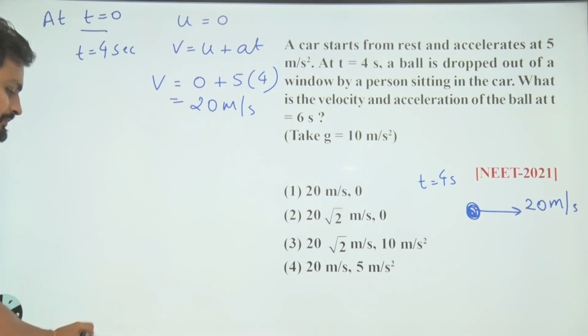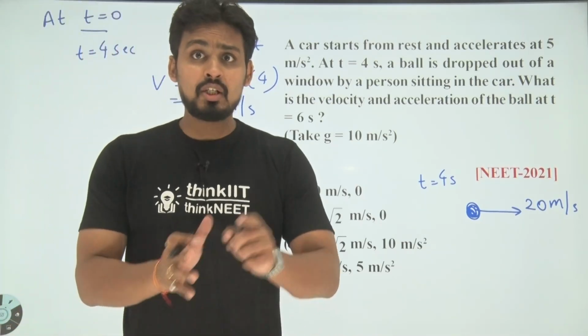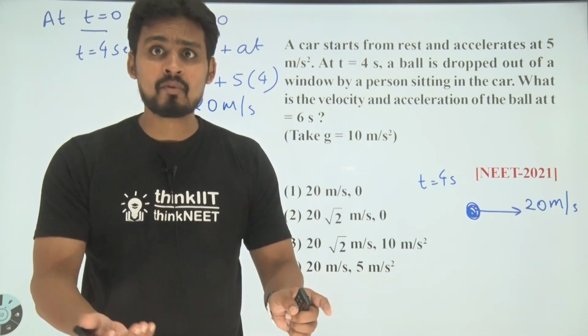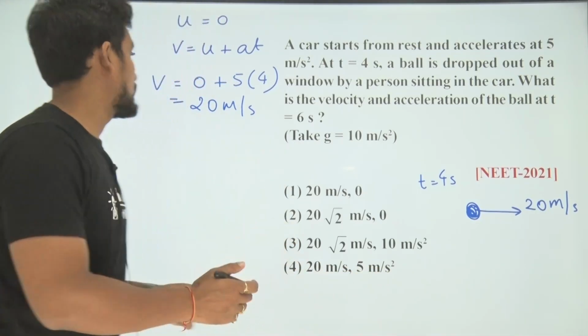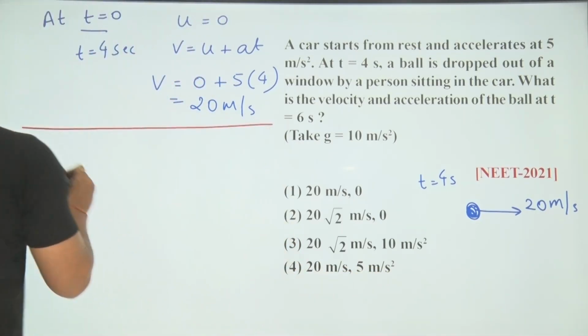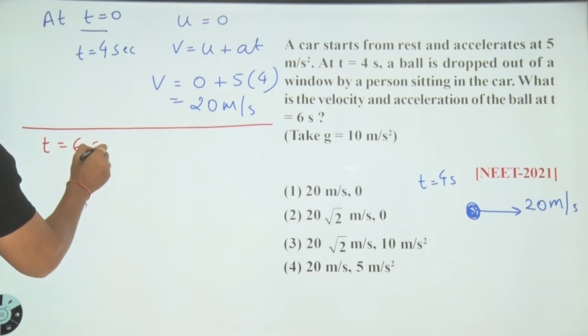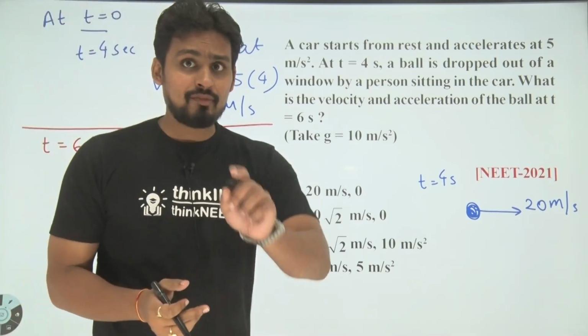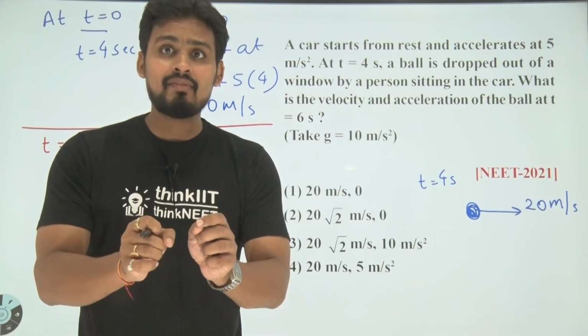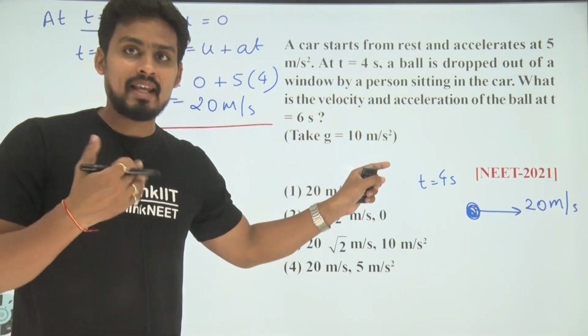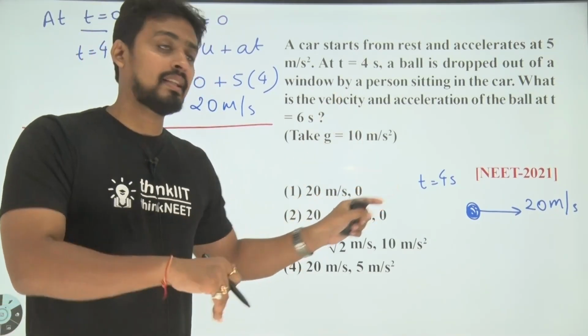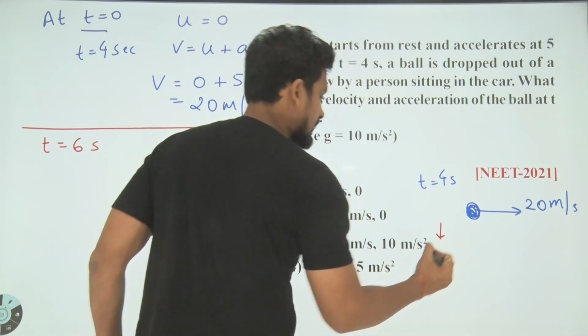Now moving further, from t equal to 4 seconds to t equal to 6 seconds, what is happening? The ball is moving downwards. So can we say at t equal to 6 seconds, the ball has been in the air for the last 2 seconds, and in the y direction it would have an acceleration due to gravity, which is acting in the downward direction, correct?